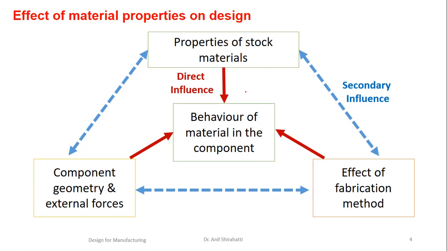What does that mean? For example, if you are creating a stress concentration area in the design itself, what happens? That part will fail early. So any component geometry or external forces will directly affect the material failure, the component failure.